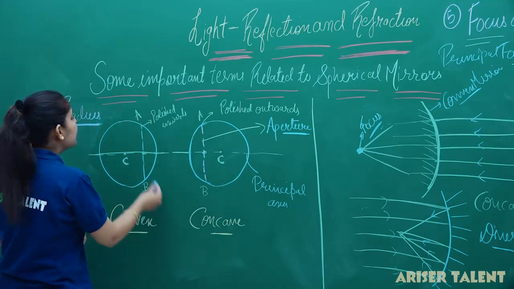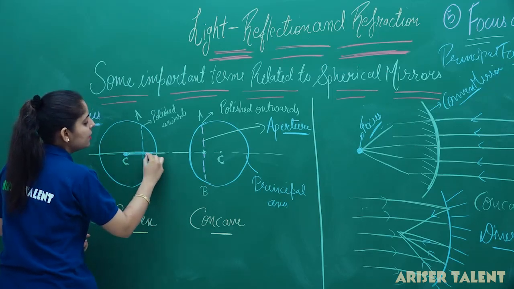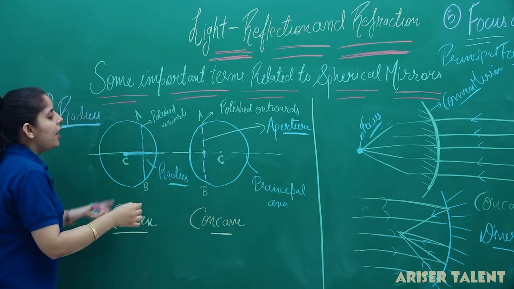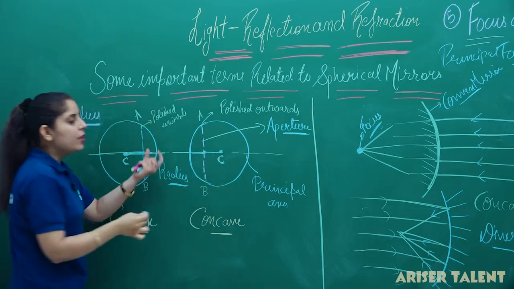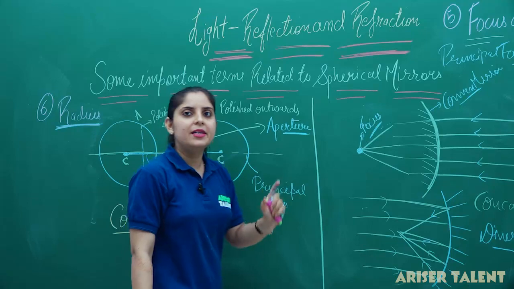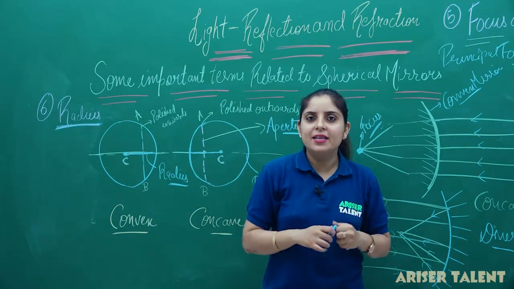So, in this case, you can see that this will be called the radius. This will be our radius. So, this is very simple, that is what the radius actually is.